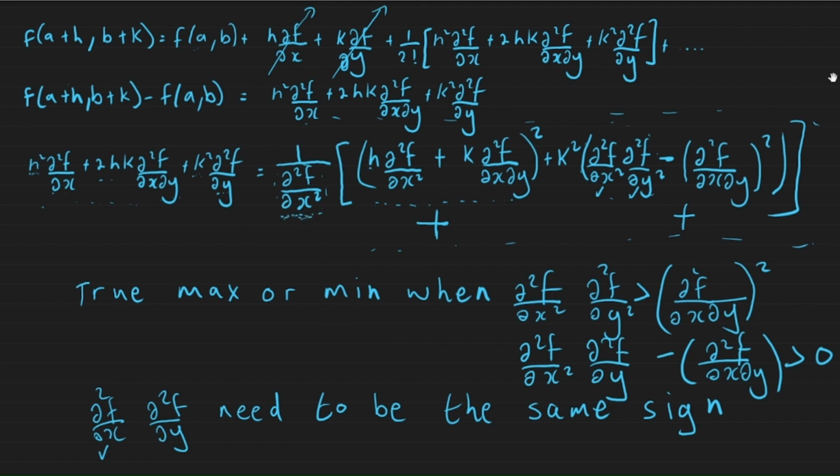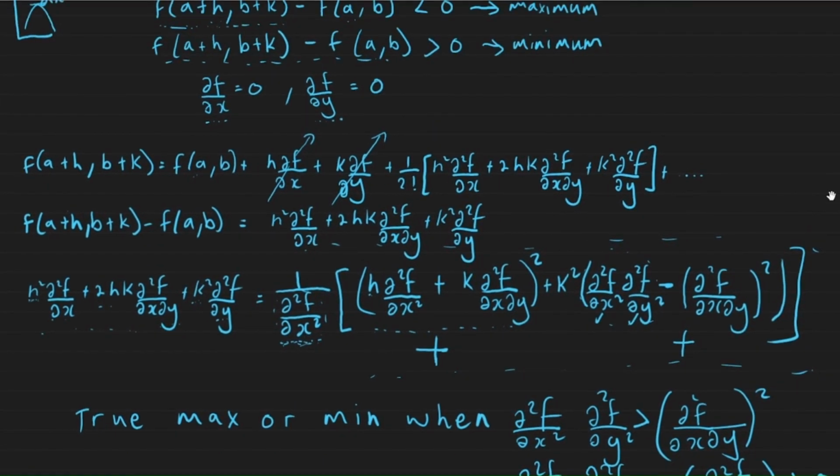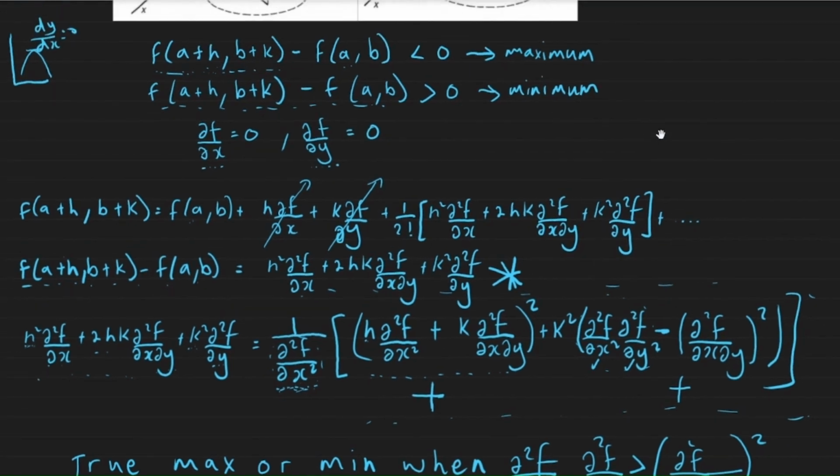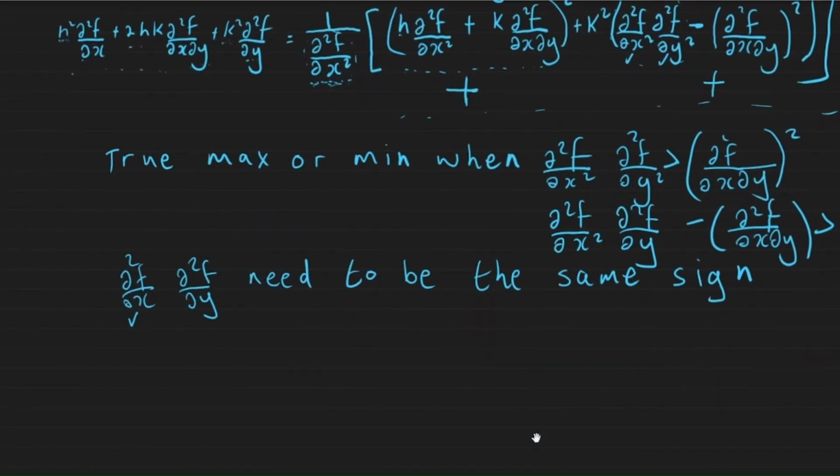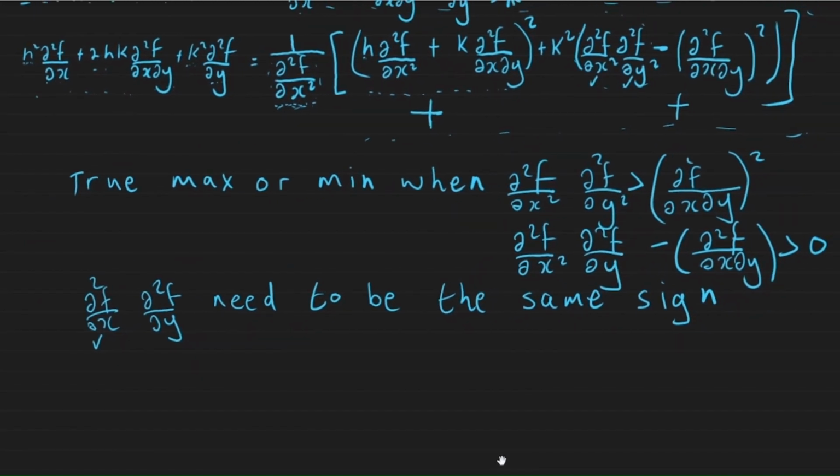If we go back up, we see that this entire expression is actually equal to just the difference between points Q and P. And remember, points Q and P is actually whether it's a maximum or a minimum, right? So if this expression that we have just painstakingly derived is a positive number, then we have a minimum.